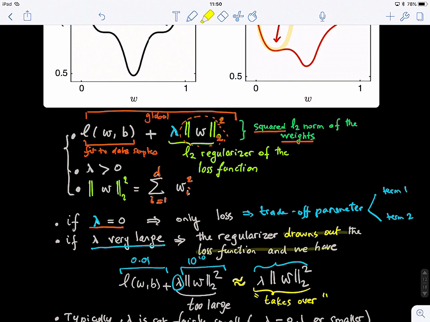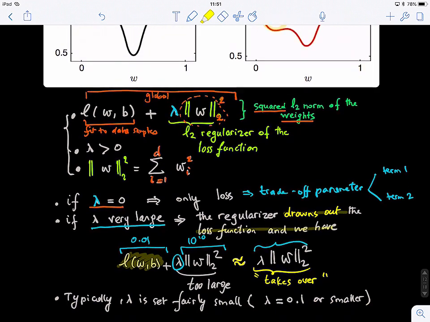The loss function kind of disappears, okay? So you don't want your lambda to be too small, and you don't want it to be too big, so you neglect the real fit to data term, right? But you want it to be in between. Typically, the lambda is set to 0.1, 0.01. These are the typical values that the lambda would take to balance these two terms in the optimization process.